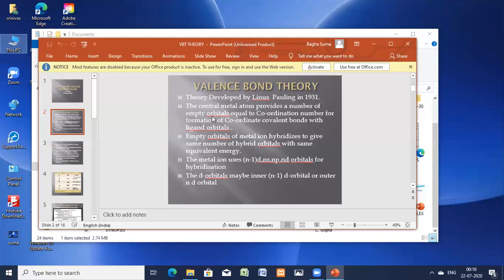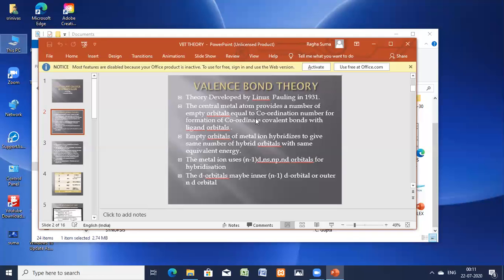So the central metal atom is in the ground state, and after losing electrons, it is a ground state ion. Now the central metal atom will provide a number of empty orbitals equal to the number of ligands. In the complex, the basic thing is that the metal should have empty orbitals. The ligand will give a pair of electrons to the empty orbital. What is a bond?